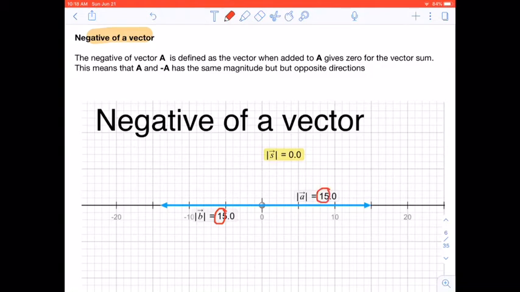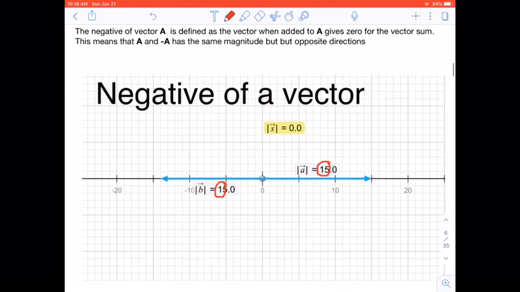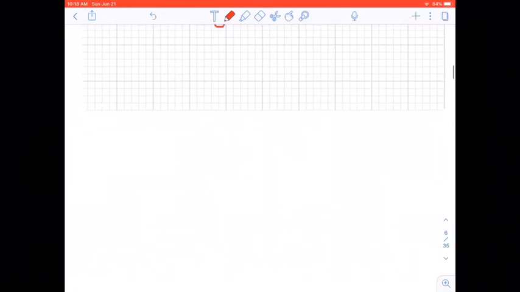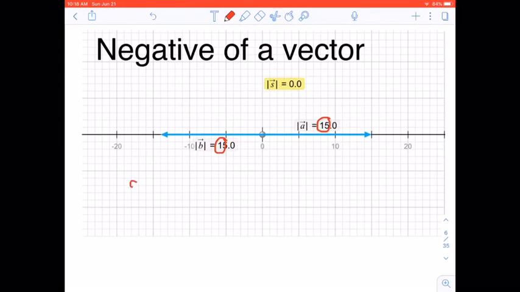The only thing is they're both 15, but one is in the opposite direction. Here we have vector A equal to plus 15. We know it's in that direction. Vector B is equal to minus 15, in the opposite direction.